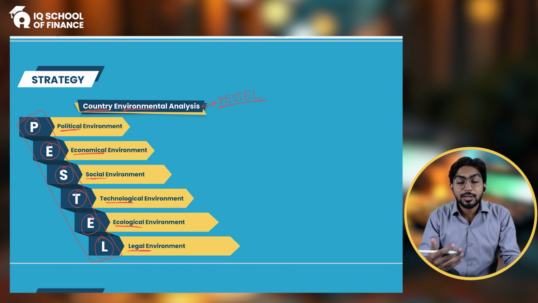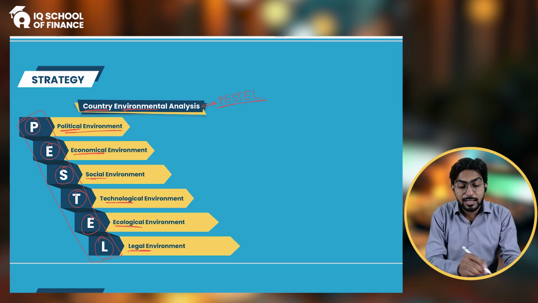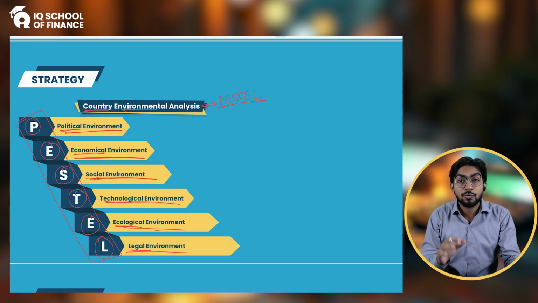Again, all these things relate to the country level or to the specific country or the region in which you are operating. So whenever you perform the analysis on these things, they will always enable you to understand the country in a good way. And also these six things collectively cover the whole country environment, all aspects, all factors which exist in the country.